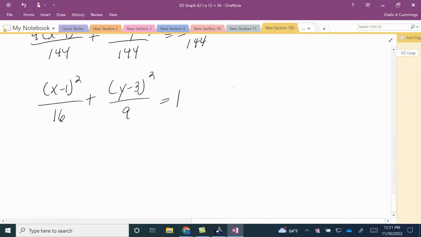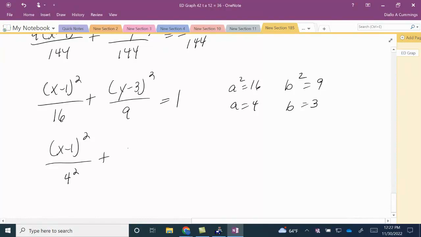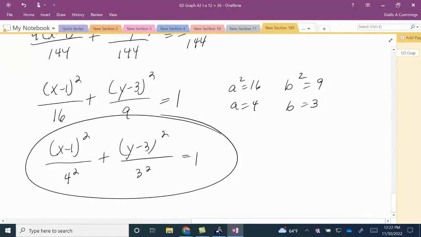We have 16 as the largest denominator, so a squared is equal to 16. That means a is equal to 4. So we're going to write that out as x minus 1 quantity squared divided by 4 squared. We have b squared is equal to 9. So if we take the square root, b is equal to 3. So we have y minus 3 quantity squared over 3 squared equal to 1. And this would be standard form for the equation.